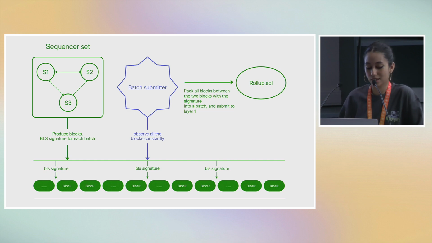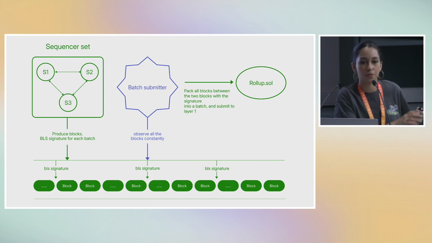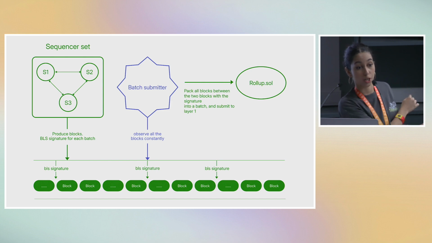By signing off on a batch of transactions and sending all of the transactions to the roll-up smart contract, this process ensures that the network is more efficient, scalable, and also accommodates all of the transactions in a secure way, because they're validating all of them on layer 1.